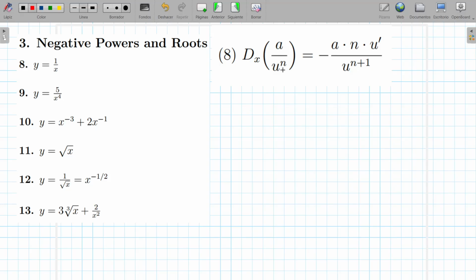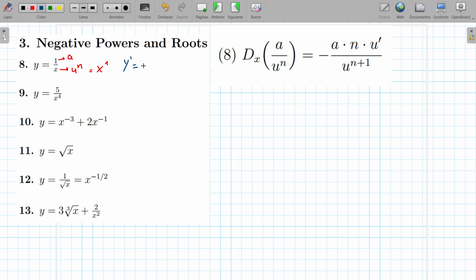What do I mean by that? This is telling me this is A. Okay, this is A. And this is U to the power of n. To make it clear, this is x to the power of 1. So U is x and n is 1. So whenever we want to do this type of exercise, what we have to do according to the formula?